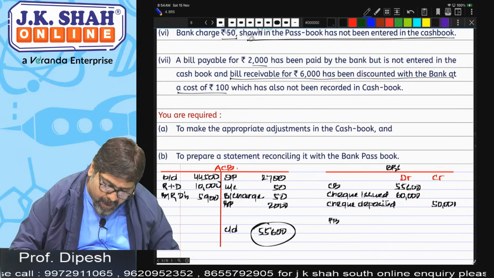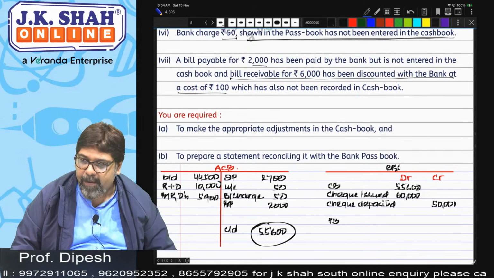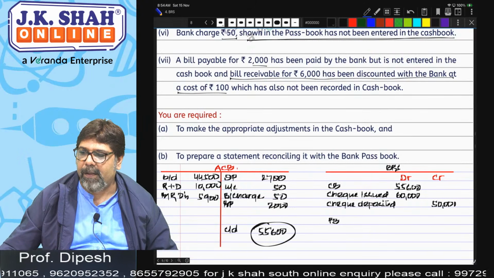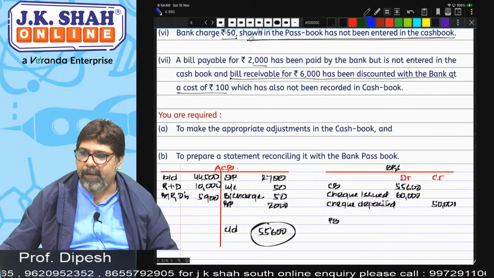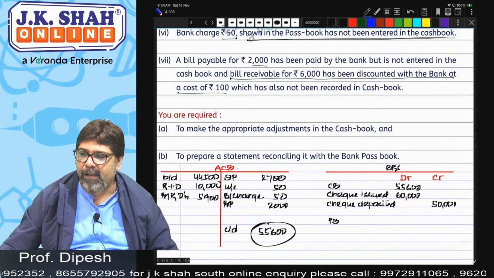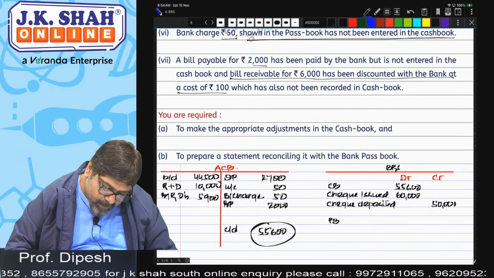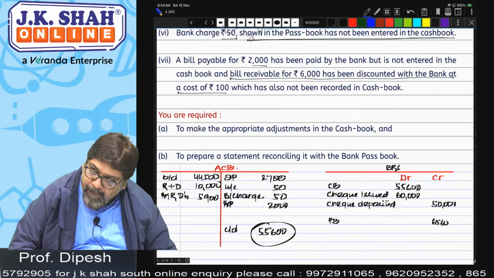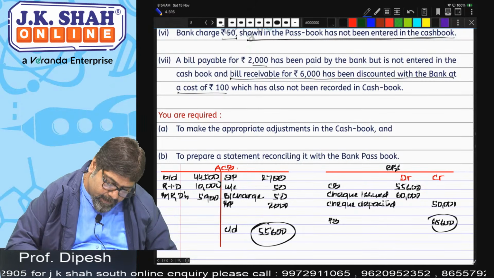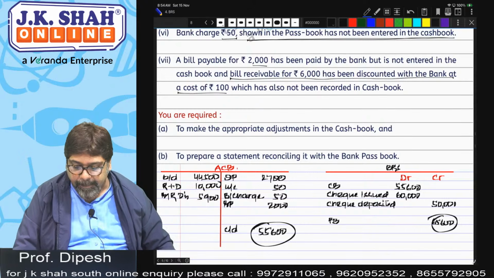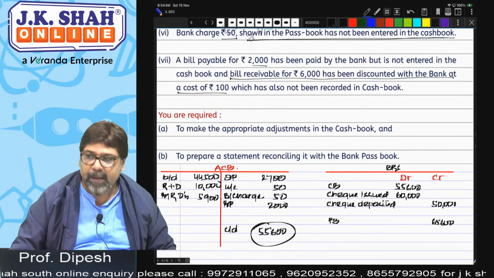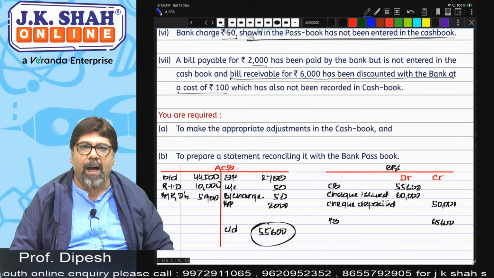Closing passbook balance will be how much? 55,600 debit. Now tell me, the passbook balance is 65,600. This is the passbook balance. Correct? Yes sir.